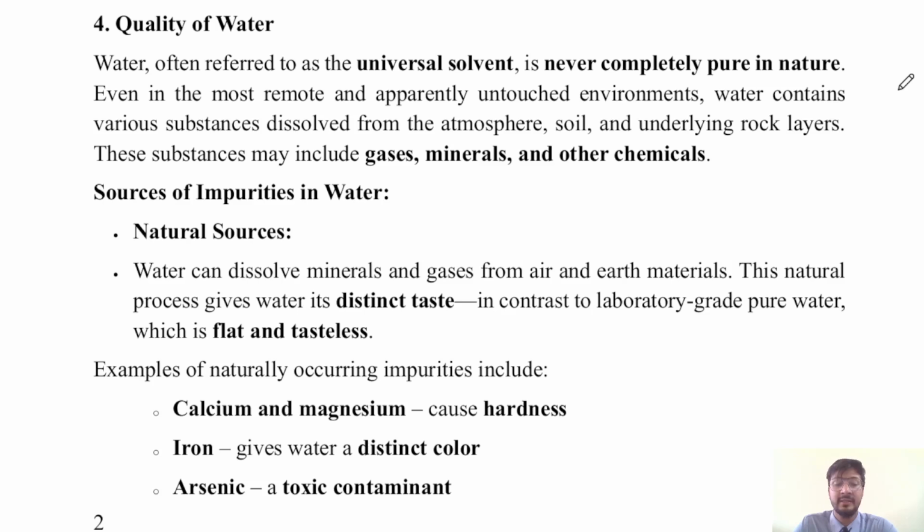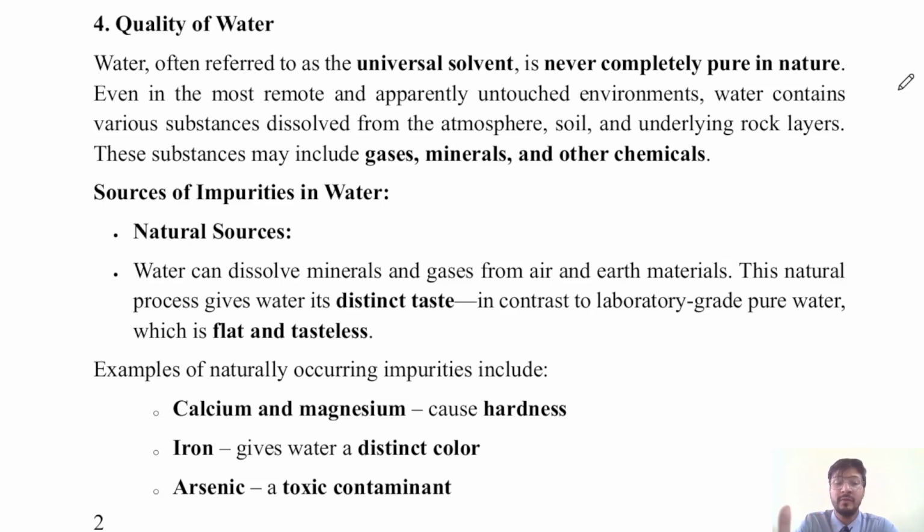Arsenic is a naturally occurring but toxic impurity. Radon or radium is a radioactive element that may be found in deep groundwater. Have any of you ever tasted water with a metallic flavor? That's iron.